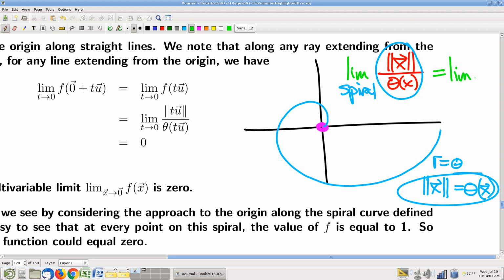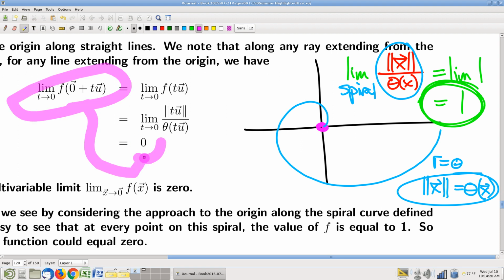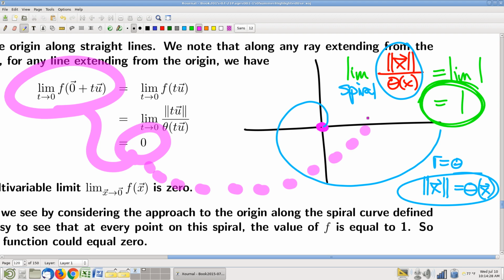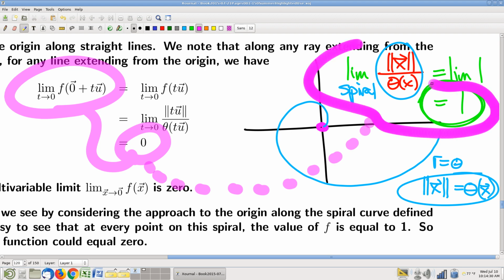So I'm taking a limit of a constant 1, which is 1. And this is absolutely unacceptably contradictory. Along every straight line path, I get 0. But along this spiral, I get a non-zero value.